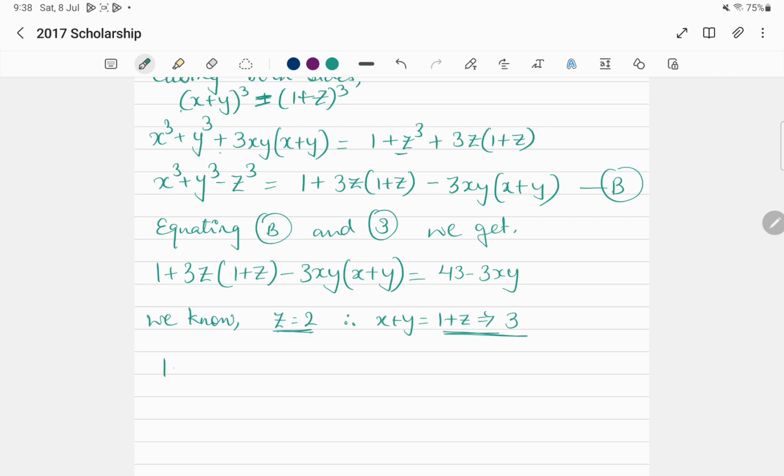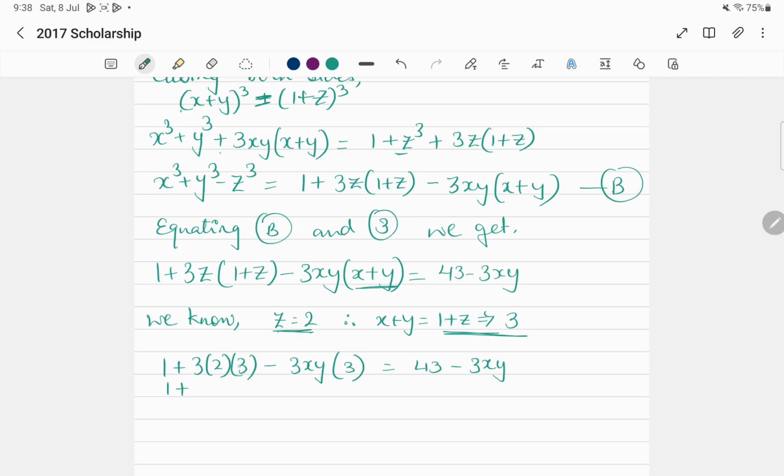So we will have 1 plus 3 times 2, and then the 1 plus z thing we have is 3. So that's times 3 as well. Minus 3xy, and x plus y is equal to 3 as well, is equal to 43 minus 3 times xy. Right, so something has been simplified.